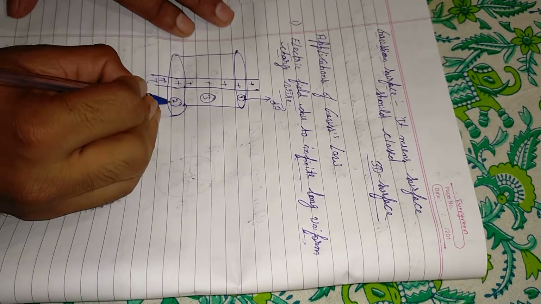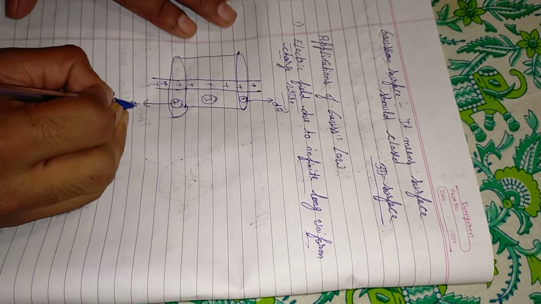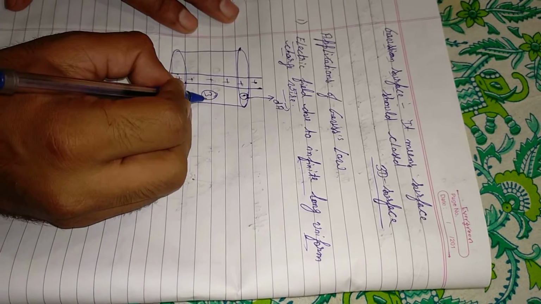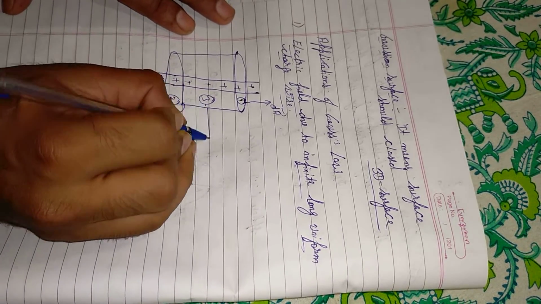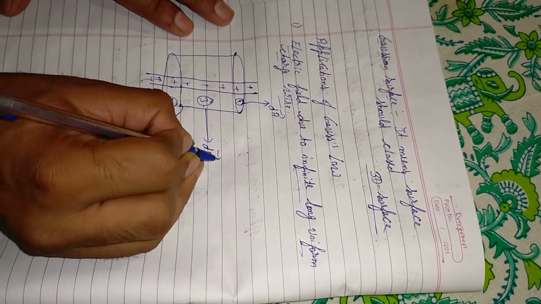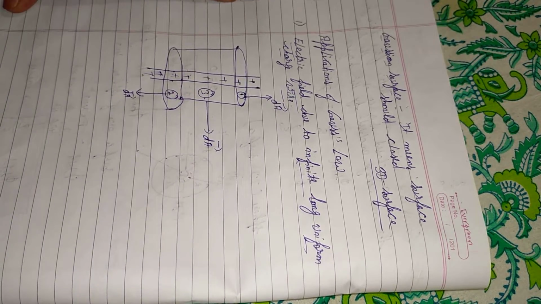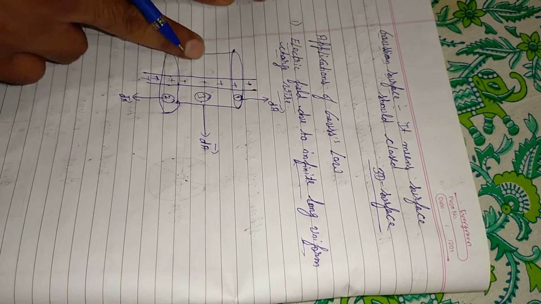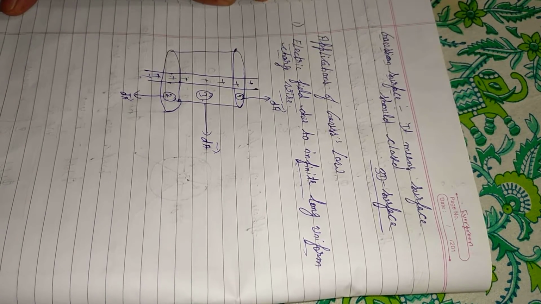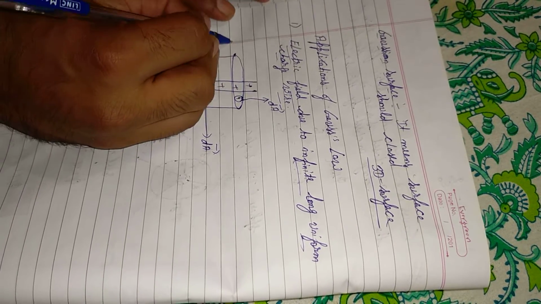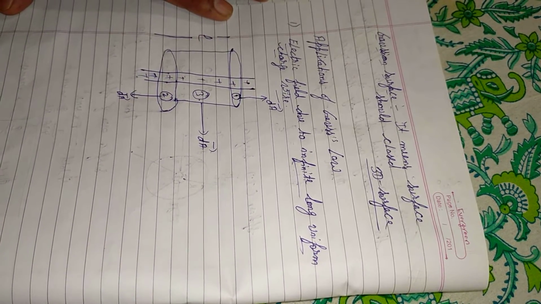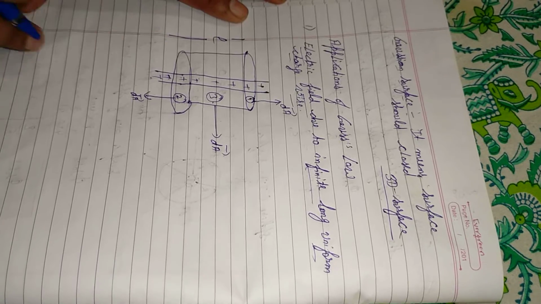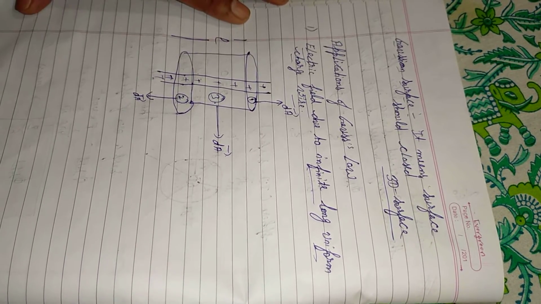For surface 2, similarly, the downside dA, and for the curved surface 3 we can take this side also dA. Both are correct, no problem, because this side is also outward. We consider the length of the cylinder to be capital L, and there is an infinitely long charge wire.